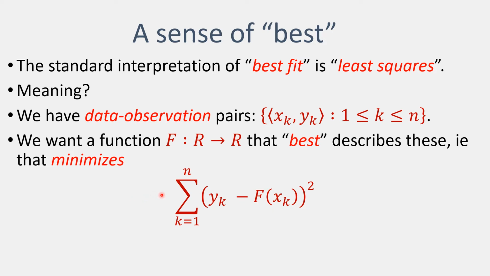And in order to ensure that we have a non-negative outcome, we square all of these terms. So we have the observation, the amount that observation differs from the approximation we're trying to find, all of that term squared, and we add up all of the results. So what we're trying to do is to find a choice of function that minimizes this expression.